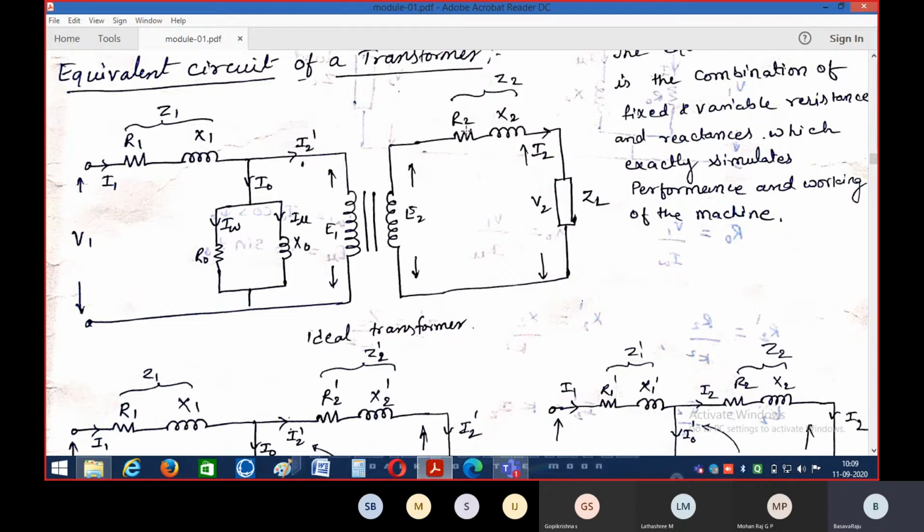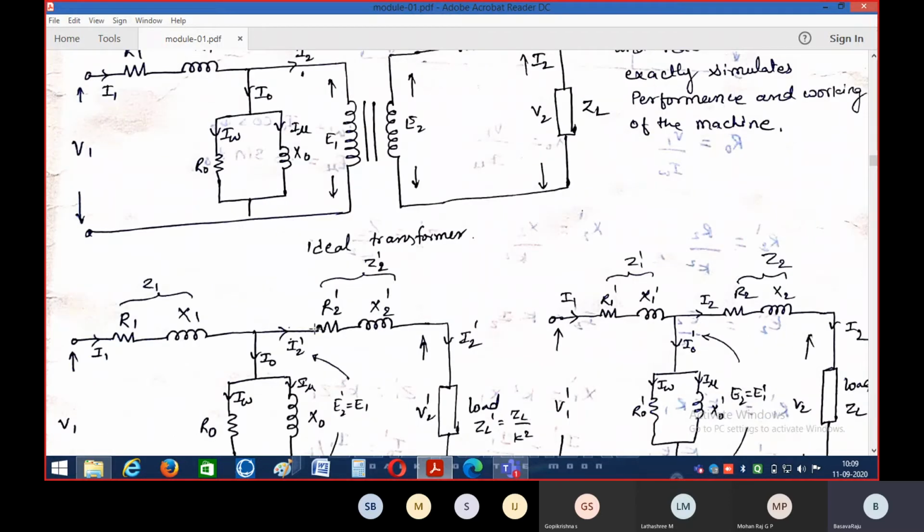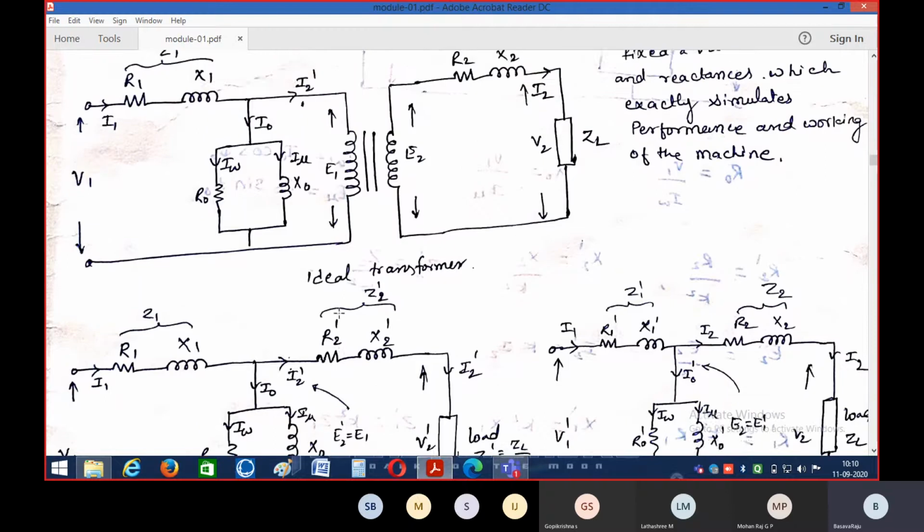So when you shift the secondary resistance to the primary side, the new value of resistance is represented as R2 dash. This R2 dash represents the secondary resistance with respect to primary.